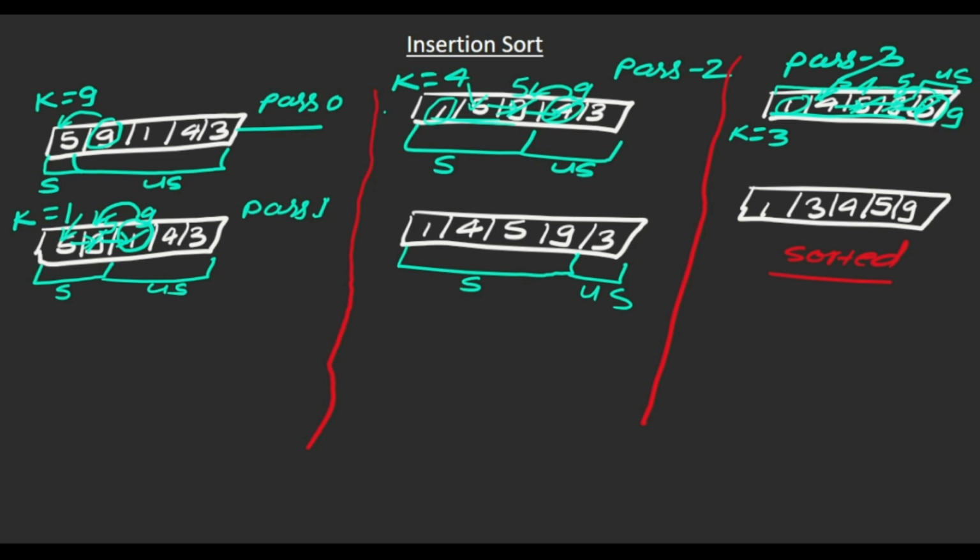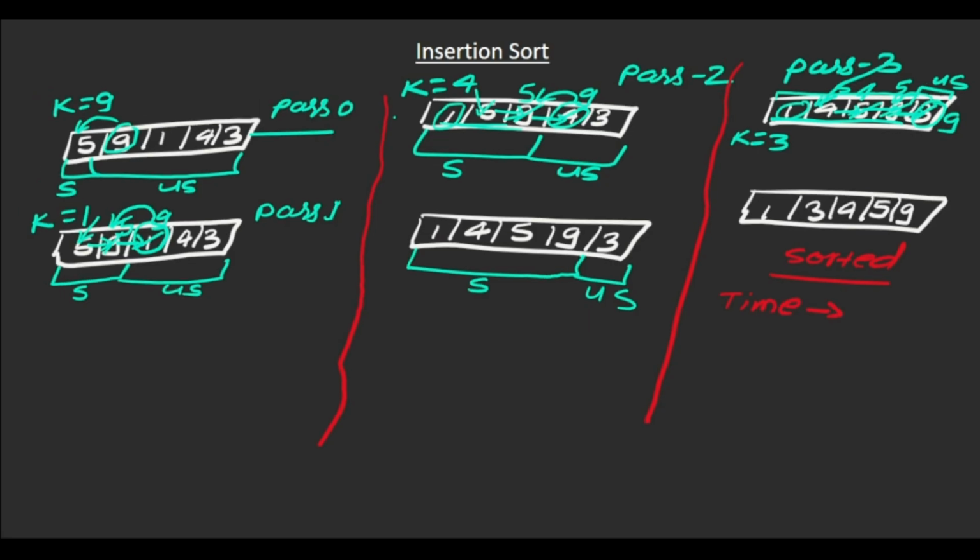Now if we look at the time complexity here, in one iteration we are traversing through the elements of the array, and in the second traversal we are going through the sorted part, right? So this is a nested loop that we'll see obviously in the code implementation. So the time complexity here is n square. This is the worst case.